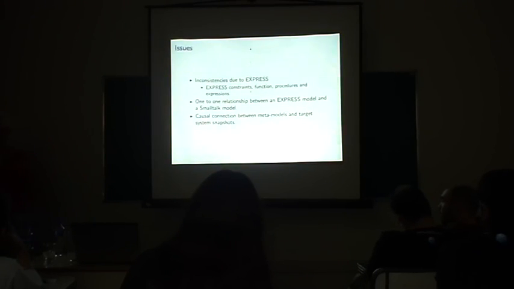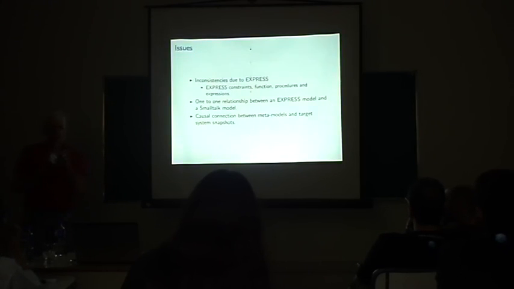So this is an inconsistency that has to be resolved. We only have a one-to-one relationship between the meta model, the specification of the type of a meta model, and a meta model. This means that you can't easily have several type descriptions for the same model.